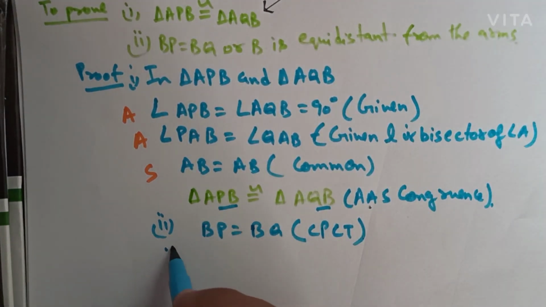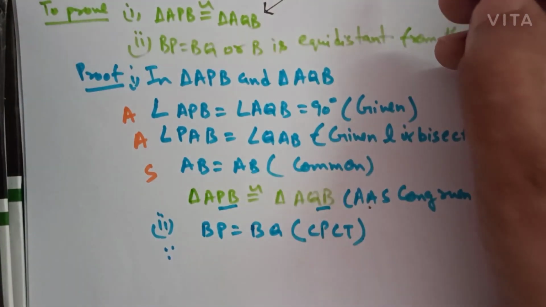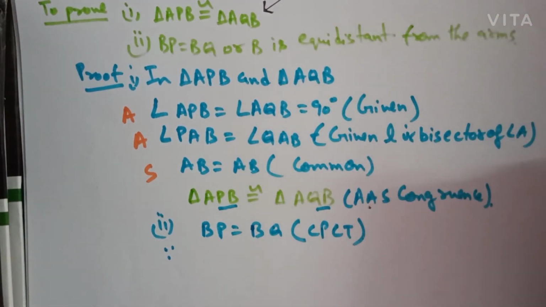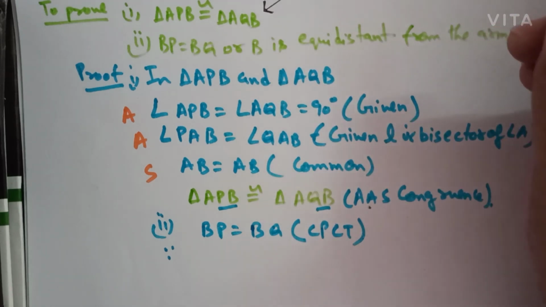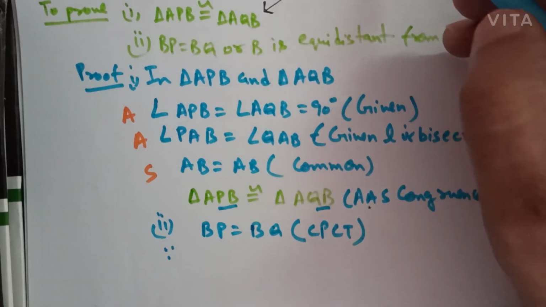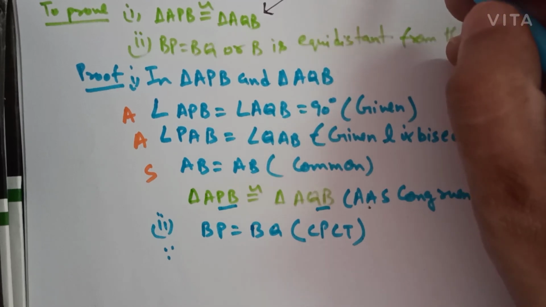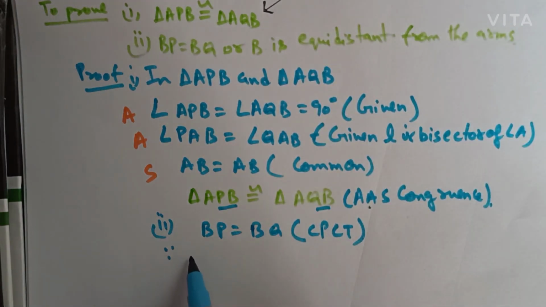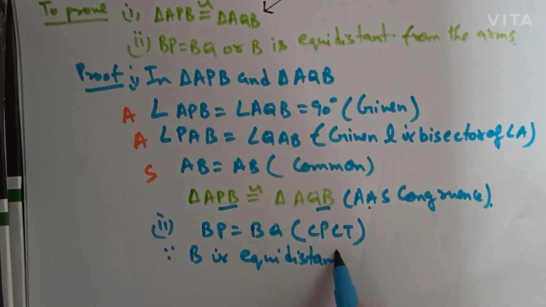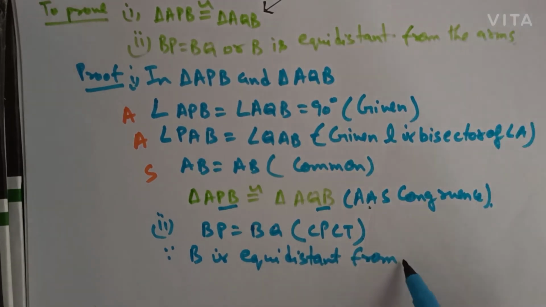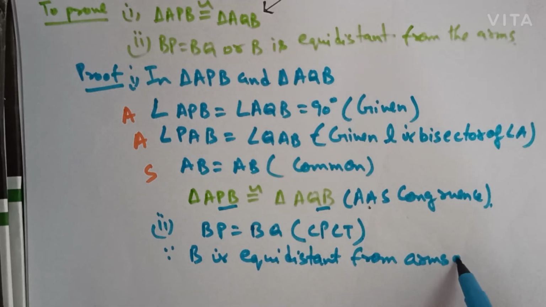Therefore we can say that the distance of point B from both the arms is equal. So we can write B is equidistant from the arms of angle A.